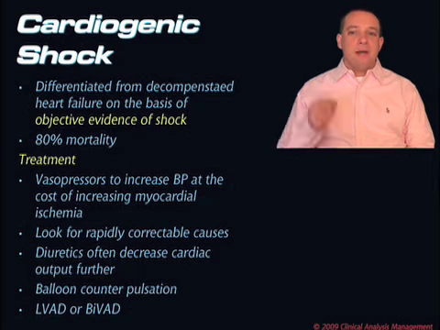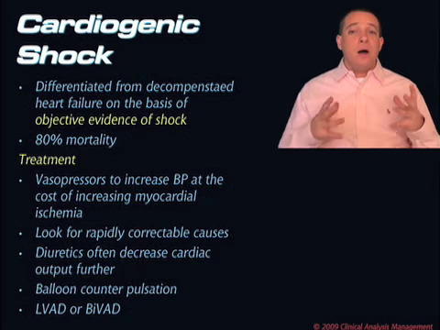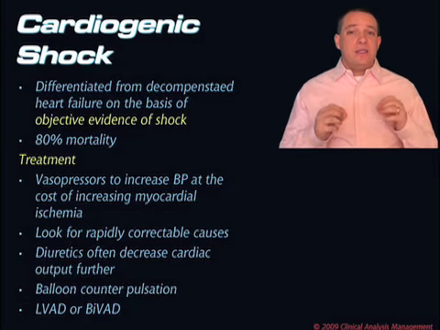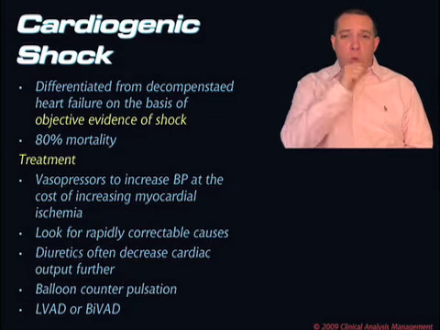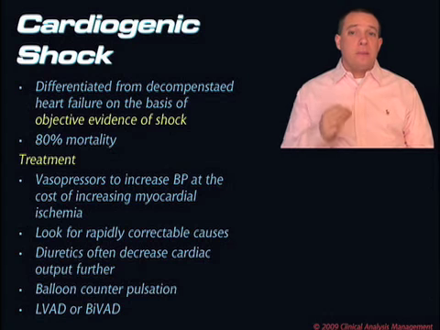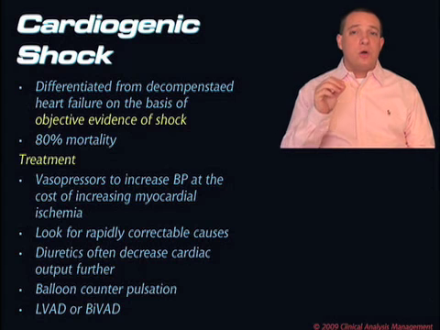So when we talk about the actual management of cardiogenic shock, what do we do for it? Well, we're stuck between a rock and a hard place, so in the immediacy, in the short term, one of the things that we need to think about is getting the blood pressure up. So we have no choice. We need to start the vasopressors. But remember, when we start those vasopressors, we're making a conscious decision that our short-term goals are more important than our long-term goals.